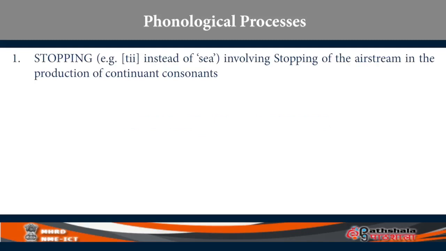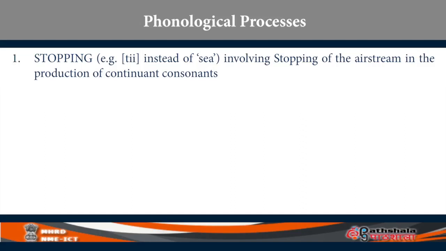What I gave you just now: substituting t for s. If it is an English child, instead of saying "sea", the child says "tea", because s is not acquired yet. What is happening when "sea" is produced as "tea" is that the child is stopping the airstream when he or she should not be stopping.